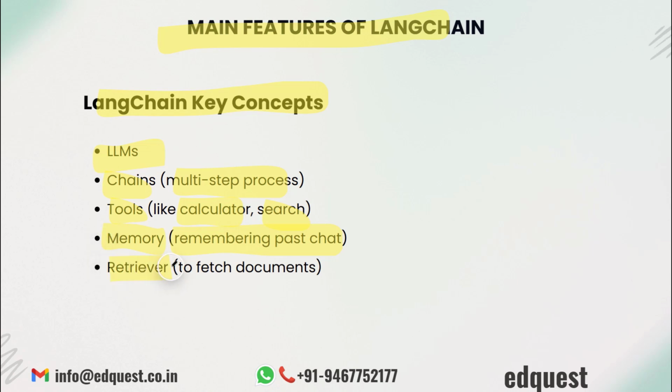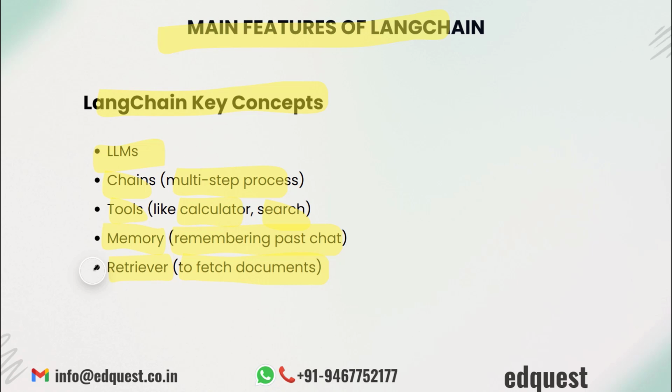Retriever. Finally, we have the retriever, the component responsible for fetching relevant documents or knowledge from your external data source. When you use LangChain with a PDF or database, Retriever pulls out the right information based on your question.